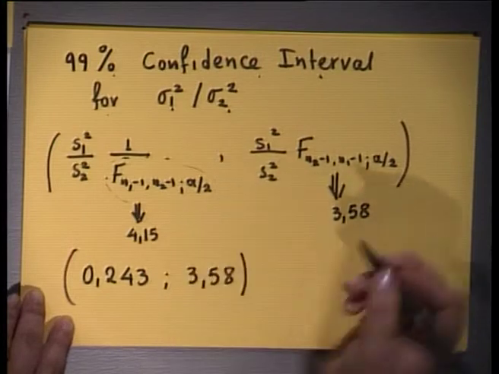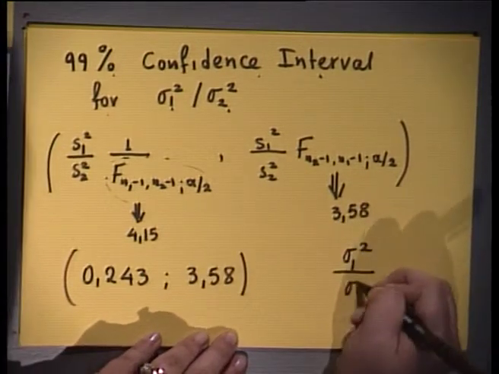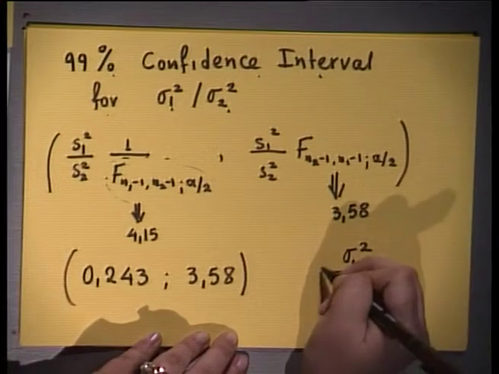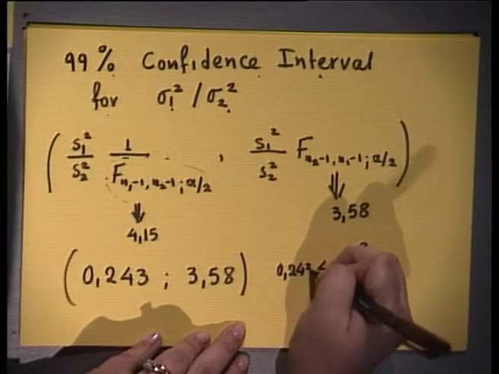And so we have concluded that sigma 1 squared over sigma 2 squared is between 0.243 and 3.58.